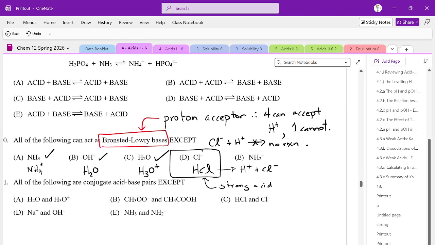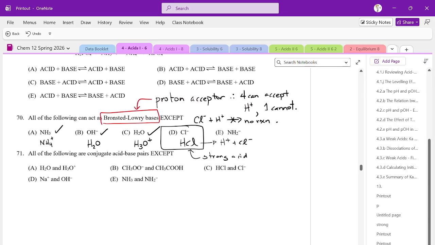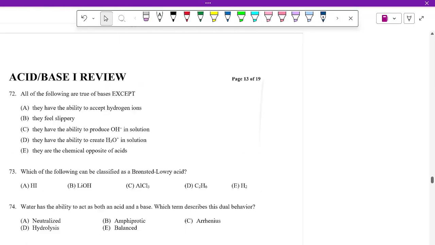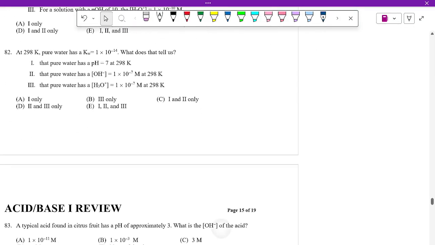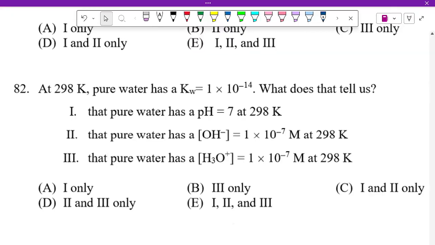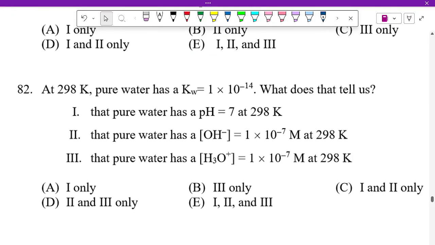Okay, 83. At 298 Kelvin, pure water has a KW of 1 times 10 to the negative 14.